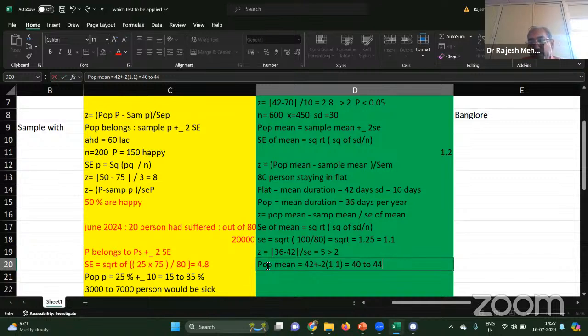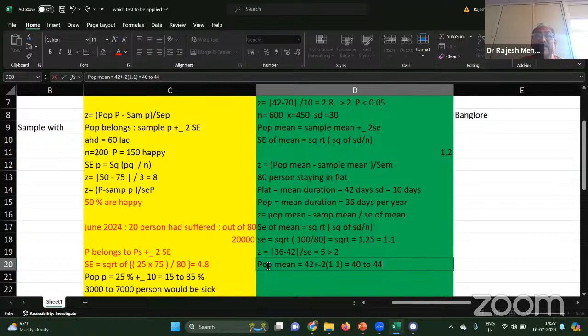I will pause for 2, 3 minutes. If there's a problem, you come out. See, this standard error of mean and standard error of proportion have two types of application. One is finding out the difference between population and sample mean, meaning whether the sample is representative or not.